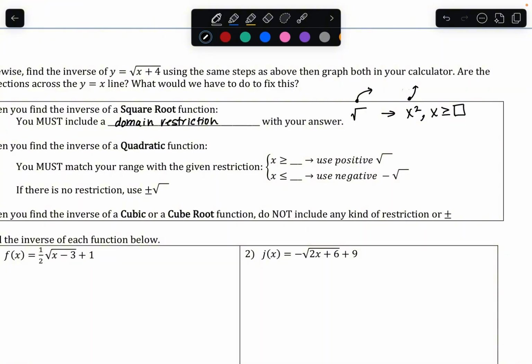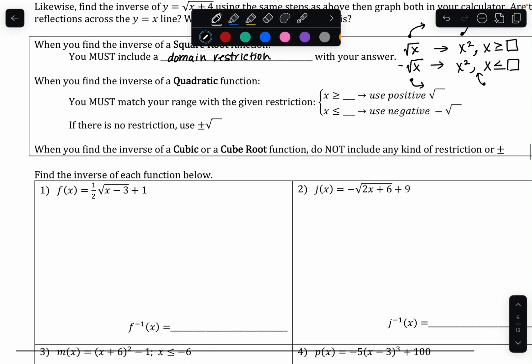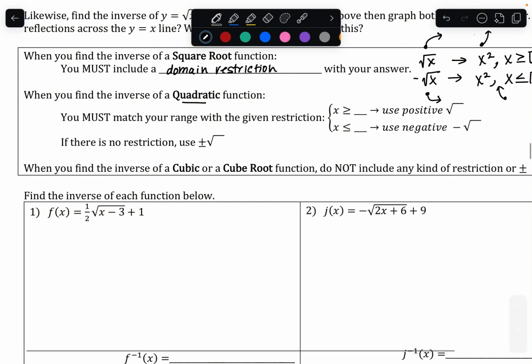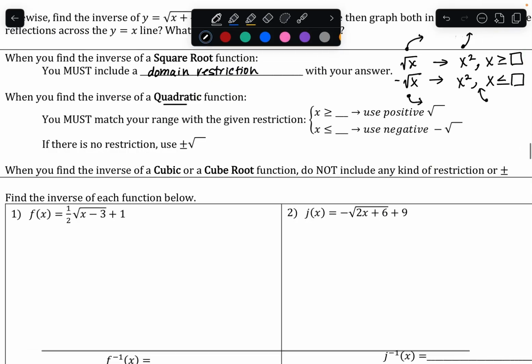and now our graphs have the same shape. Okay, if you are starting with a negative square root, you are going to end with a quadratic still, but you are going to restrict the domain to the left side of the quadratic. So you are starting with an upside down square root, you are going to end up with a left side of your quadratic. Okay, and then when you are starting with a quadratic function, if they give you a domain restriction, it's going to be the same idea.